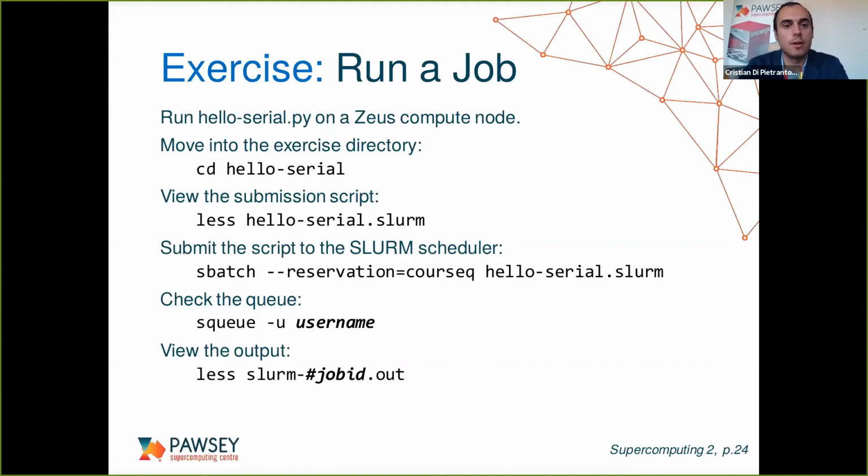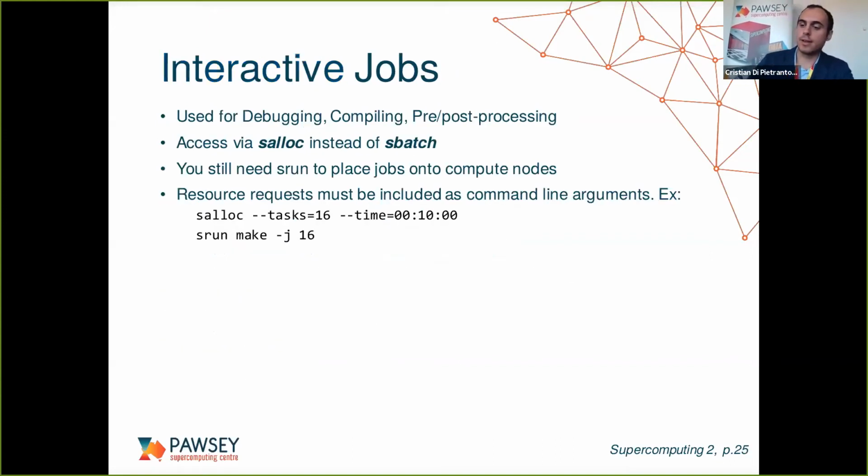And the last topic that we'll speak about is interactive jobs. So far we have submitted jobs to the scheduler so that it will execute them whenever possible, when resources are available. Sometimes if you have to execute a not so big job that does not require a substantial amount of resources, you can try to execute an interactive job, meaning that if available, you can access resources interactively.